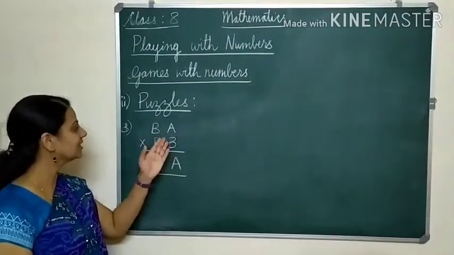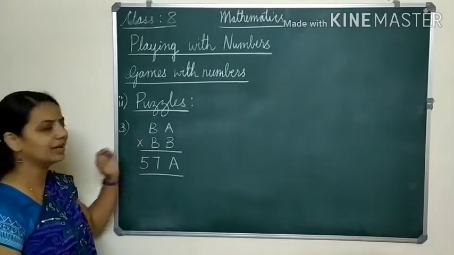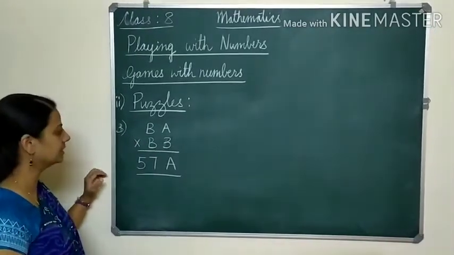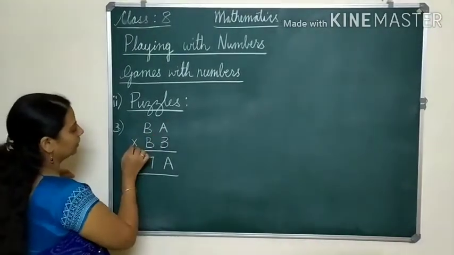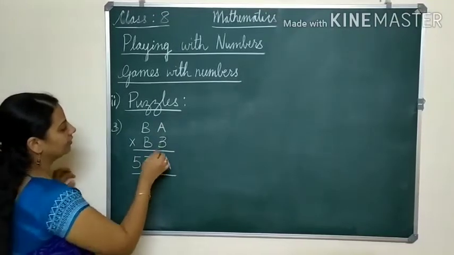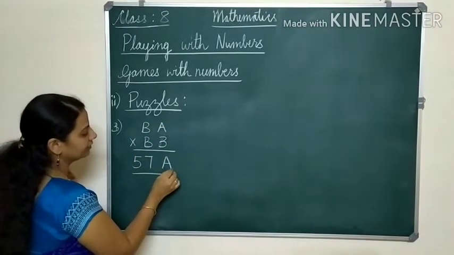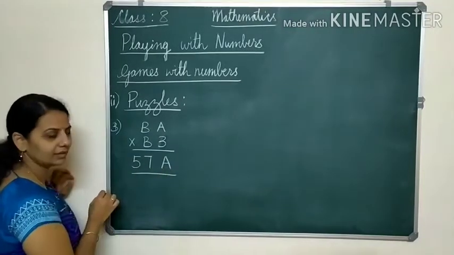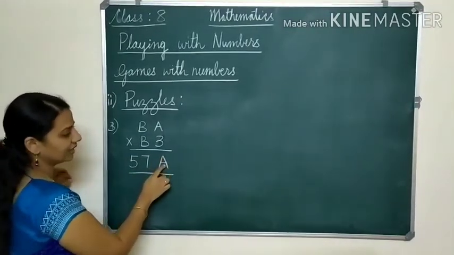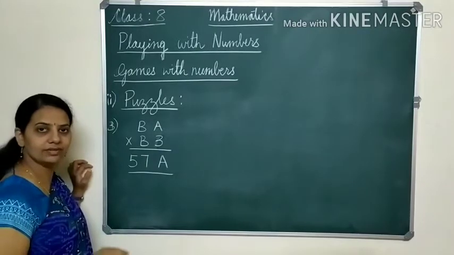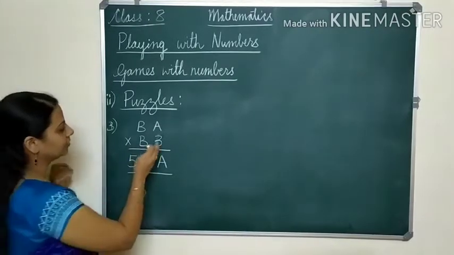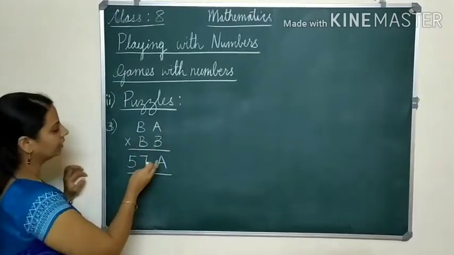Now consider this example where we need to multiply two-digit numbers. BA into B3. Now first we will multiply 3 into A, which should give the first digit as A. So if it has to be the same, like in the previous sum we saw, then it has to be either 0 or 5.